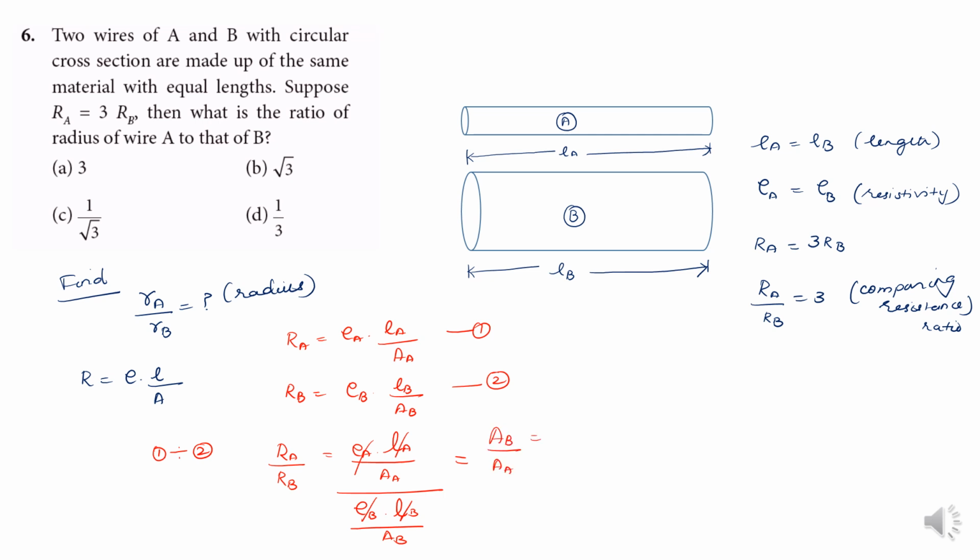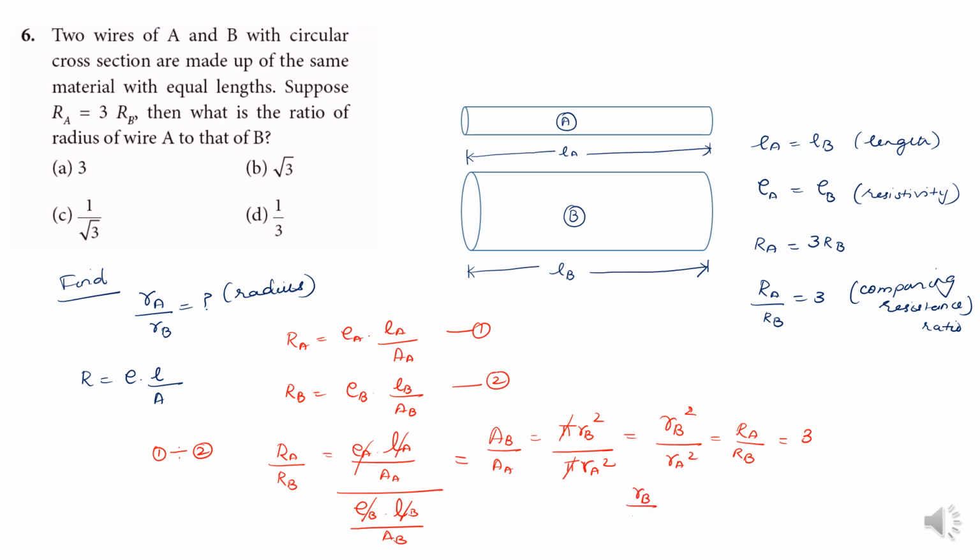What is AB? Pi RB square by pi RA square. Pi is the same. So this is equal to RB square by RA square. What is RB square by RA square? On the left side we have RA by RB, which is given as 3. So RB square by RA square is equal to 3.